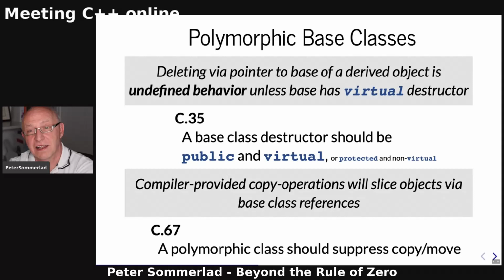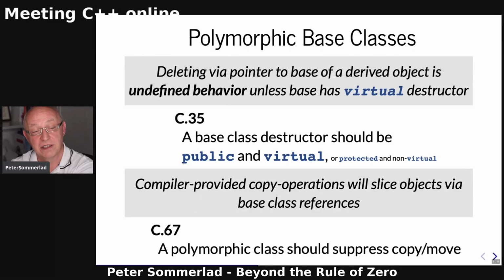So the core guidelines tell us in C.35 a base class destructor should be public and virtual. And forget about the small print. I am not sure that's really reasonable and useful most of the time, except for some special cases.